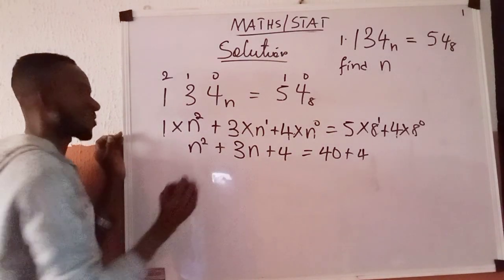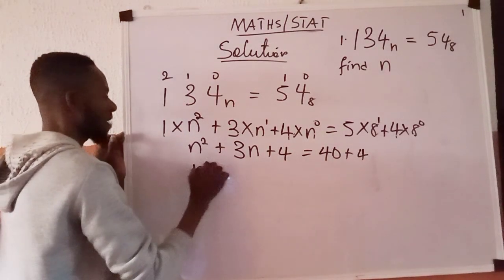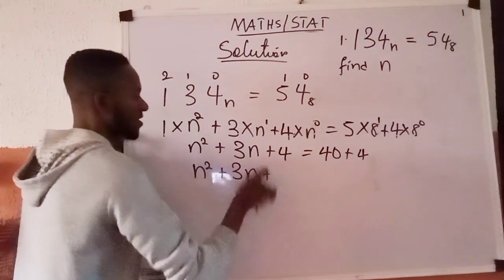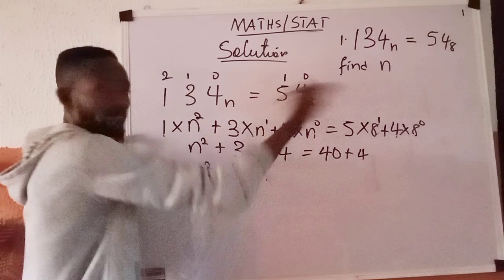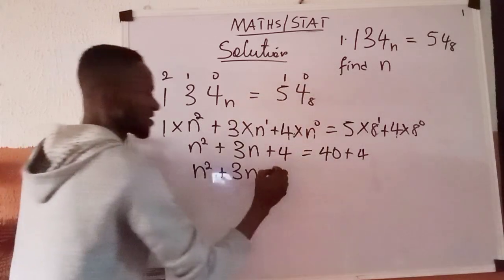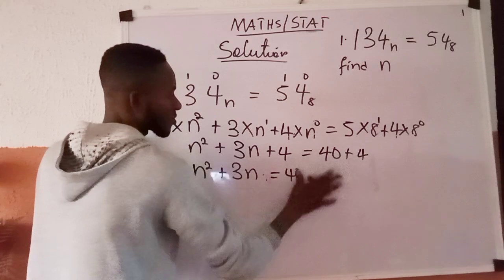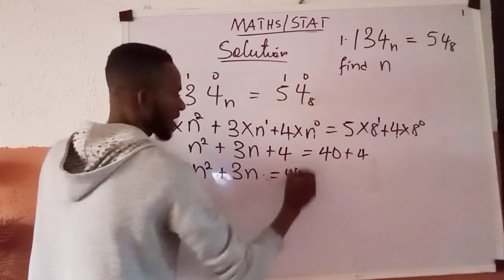So you now write this way: n raised to power 2 plus 3n plus 4 equals 40 plus 4. Then 40 plus 4 is 44.